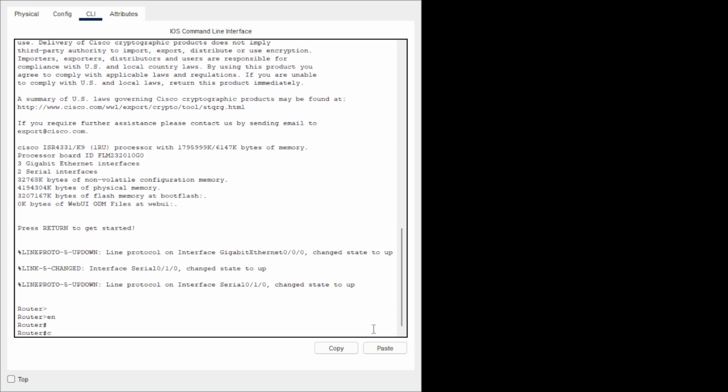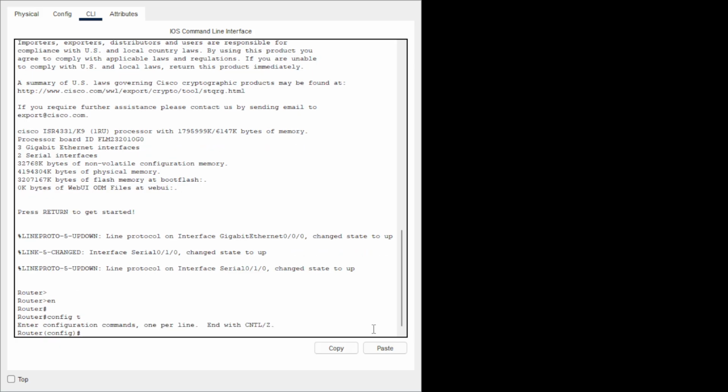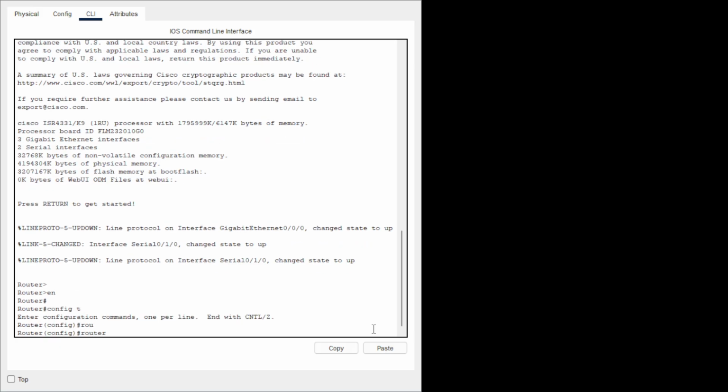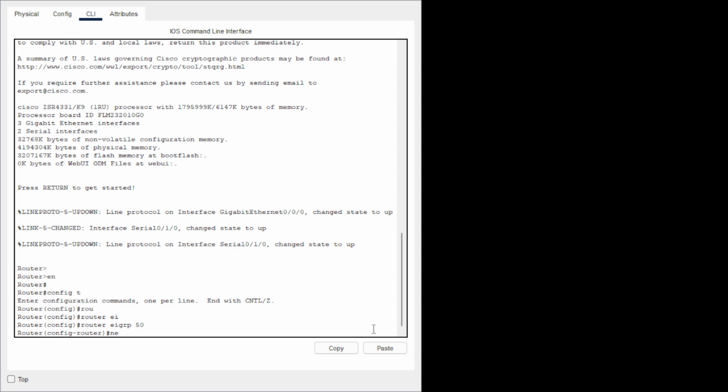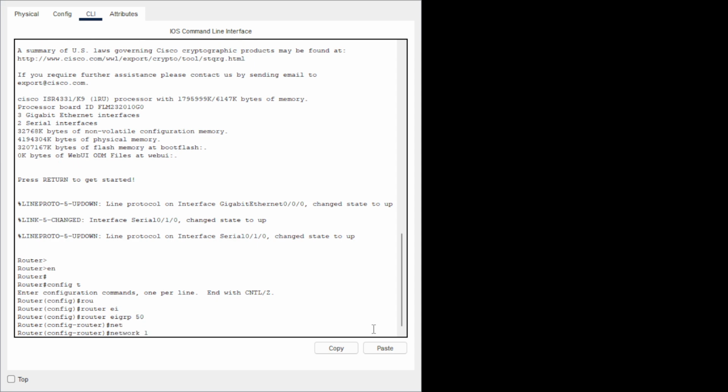Enable, config t, router EIGRP ASN number 50, and the first network is 192.168.2.64 0.0.0.63.